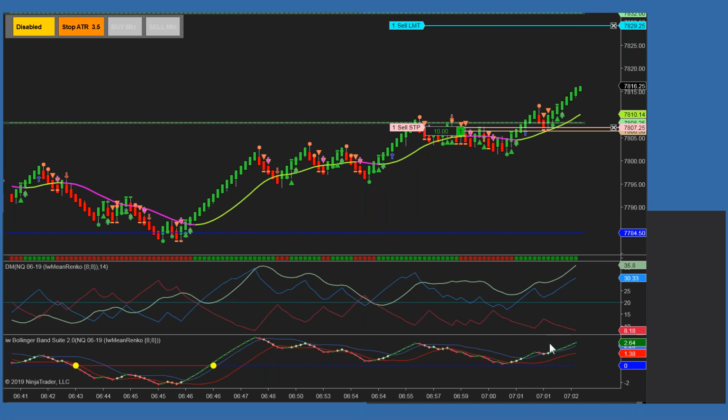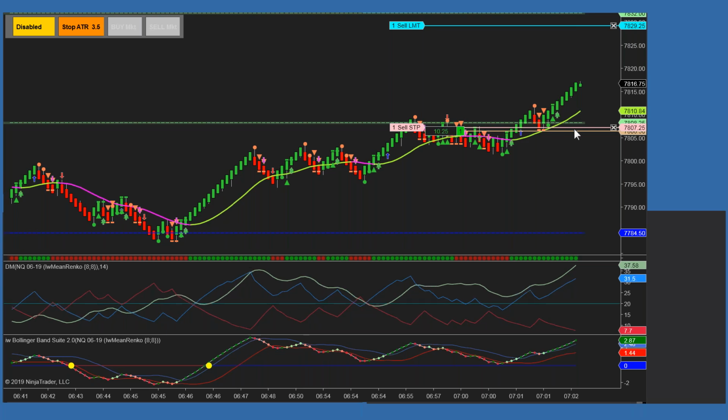You can see right now we're getting a nice little trend developing. In fact, we've hit well past our scalp target, double our scalp target, or our swing target.